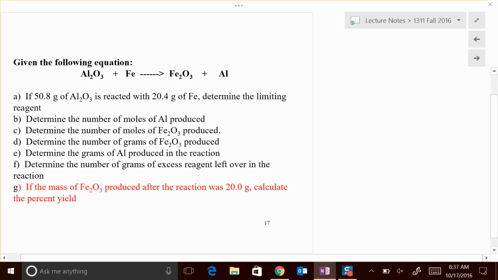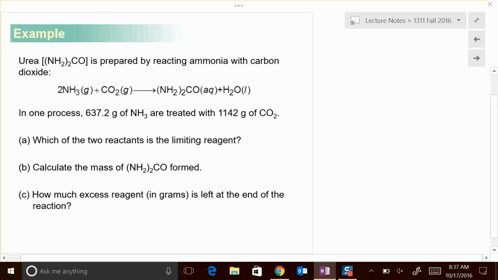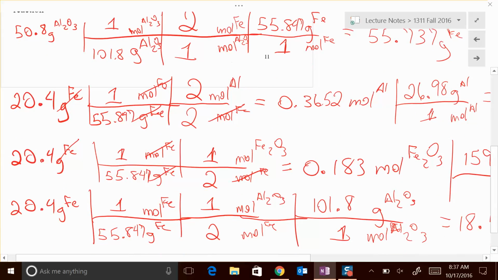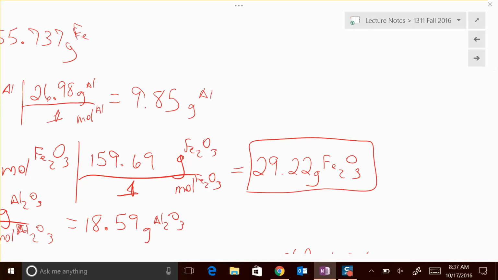Okay, and we did this one earlier. If the mass of Fe2O3 produced after the reaction was 20 grams, calculate the percent yield. So we go back here, and we say our theoretical yield of Fe2O3 was 29.22 grams of Fe2O3.